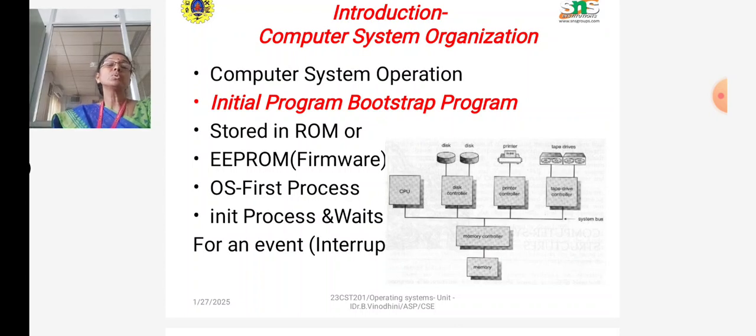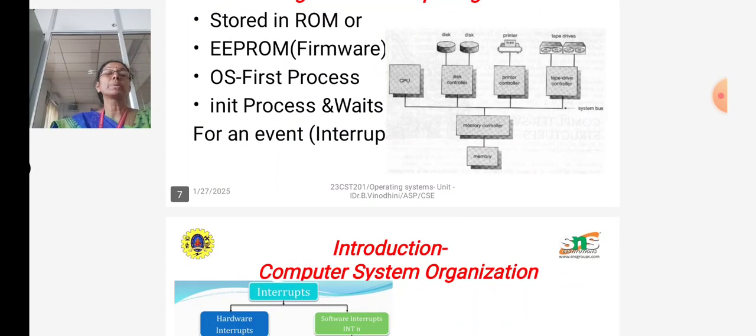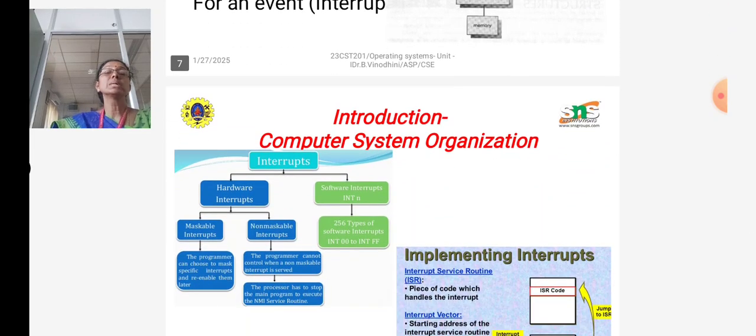The CPU and device drivers are connected through the bus to share the main memory. The main memory also has a memory controller that controls access by the CPU and the device drivers. This is the computer system operation.